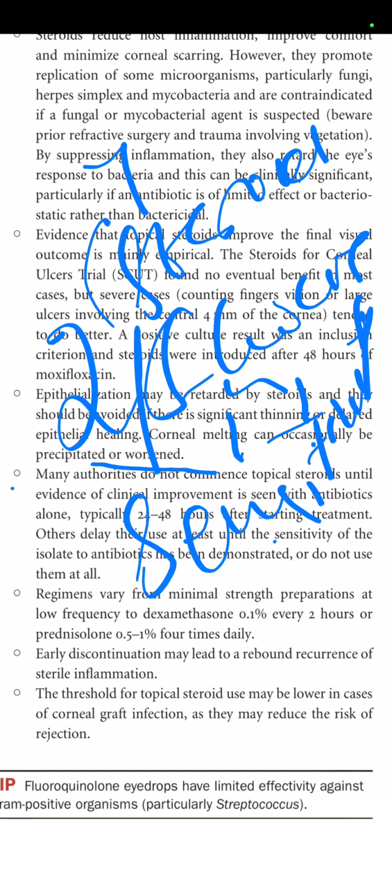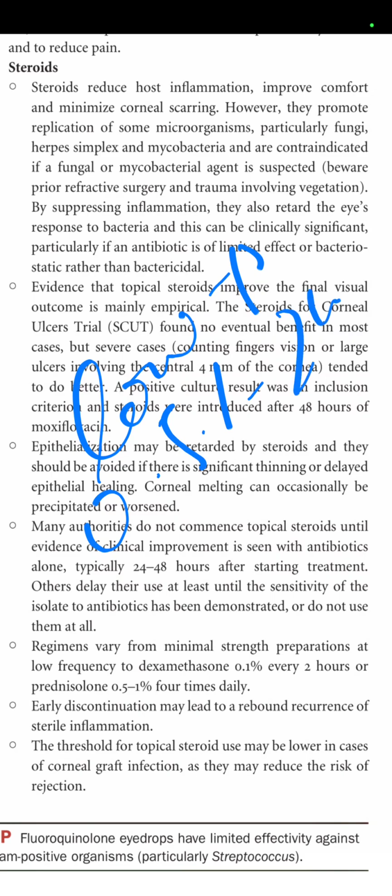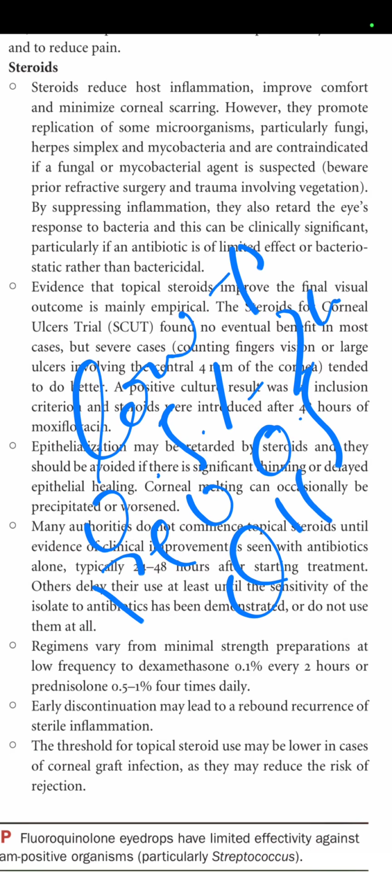Regimes vary from minimal strength preparation at low frequency to dexamethasone 0.1% every 2 hours, or prednisolone 0.5 to 1% four times daily. So we use either a very low-potency steroid, or a potent steroid, dexamethasone 0.1% every 2 hours, or prednisolone 0.5% QID.